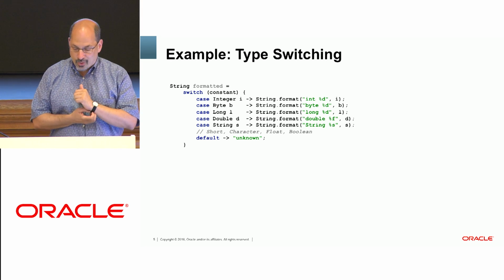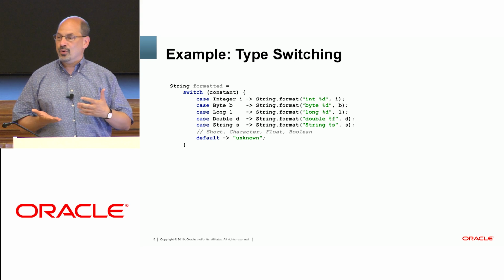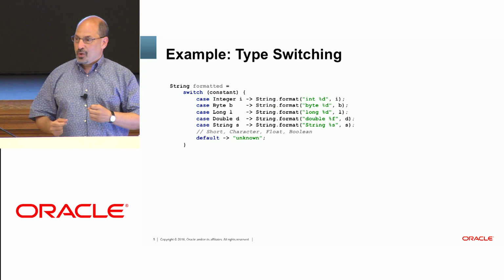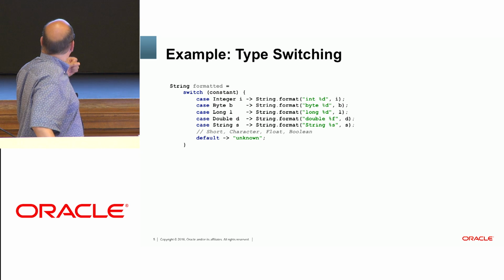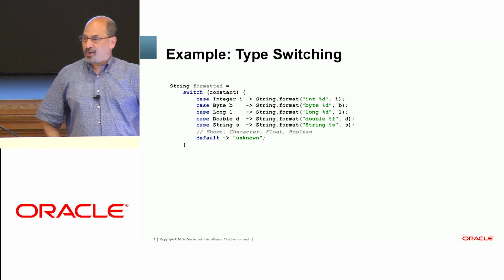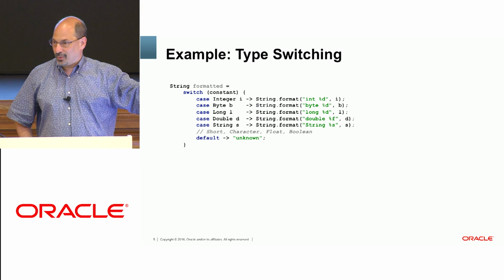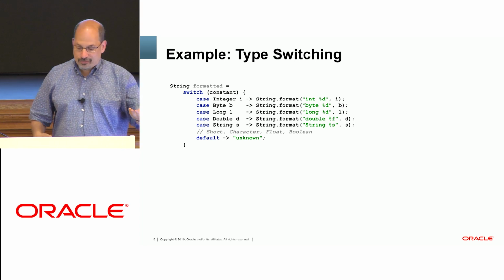So this is what it might look like if we allowed switch to also have an expression form. We get rid of the breaks, we get rid of the intermediate assignments, and now the compiler is working for you, saying, well, it had better be one of these. There had better be an expression of the right type on the right-hand side of each one of these things, and at the end of this, it's going to have assigned one of those to formatted.